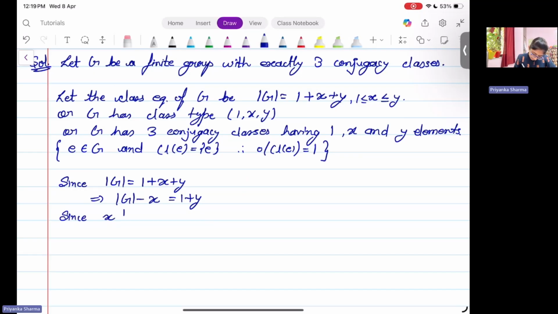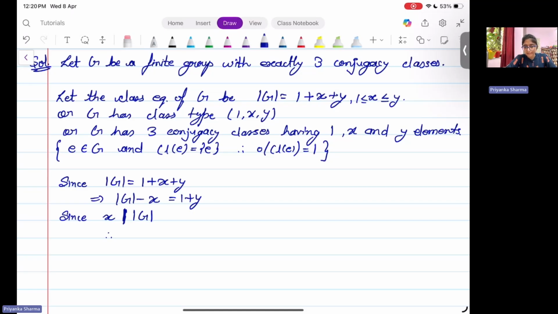Since x represents the order of some conjugacy class, the orders of all the conjugacy classes will be divisors of the order of the group. So here we have x divides order of G, and y divides order of G as well. x divides x also.